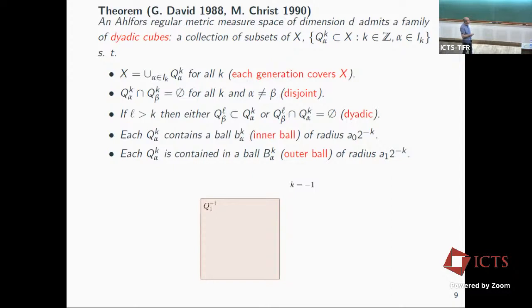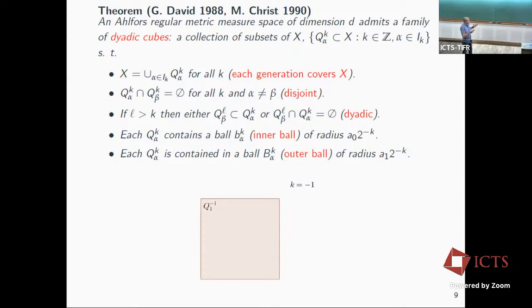So every cube of generation k contains a ball of this measure and is contained in a ball B_k, I will call it outer ball, of essentially the same radius multiplied by a constant a1. And these constants are always going to be the same no matter what generation and no matter what cube in the generation.